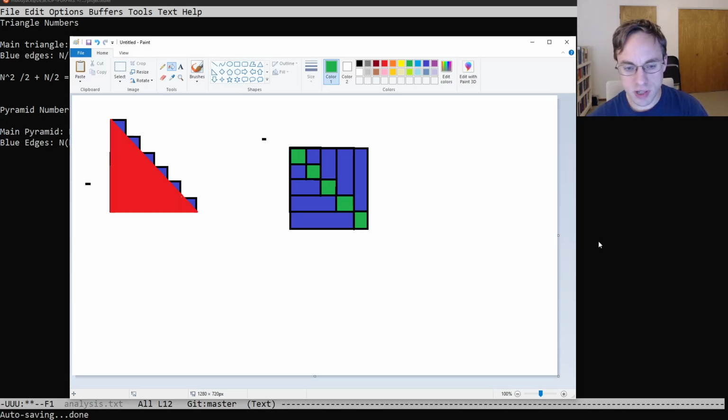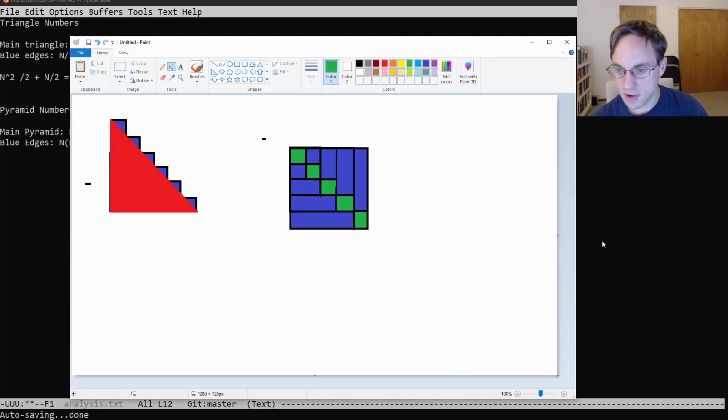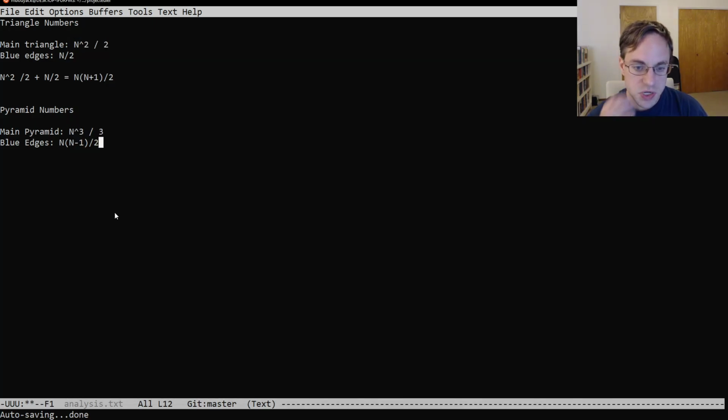And if we plug 5 into our equation here, we end up with 5 times 4 over 2, and that gives us 10. So that matches our expectations.